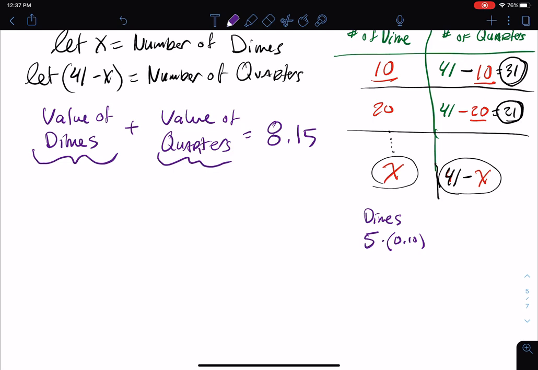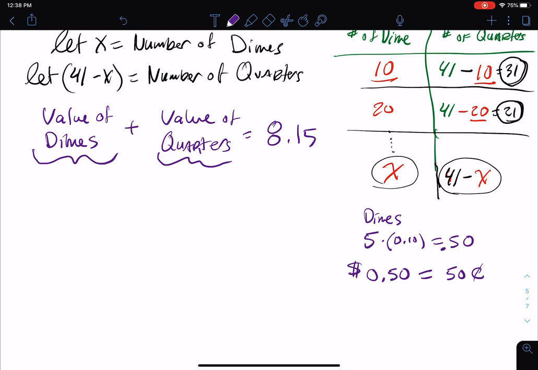So the value of 5 dimes is 50 cents. With a dollar sign, you're going to use a decimal, and this symbolizes 50 cents. When you use the cent symbol, you don't use a decimal. Those two things are equal, but cents are out of 100 and dollars are not, so you have to have that decimal there.